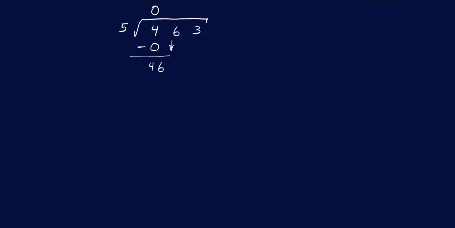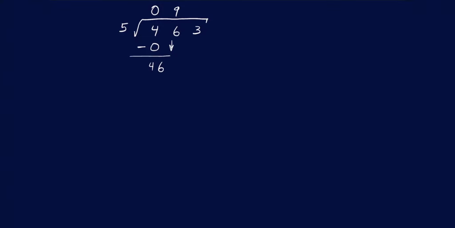Because a quick way to remember it is 5 times 9 equals 45. So 5 times 10 is 50. So that means that 5 only goes into 46 9 times. So the next step, obviously, is to write down the 9 above that digit.